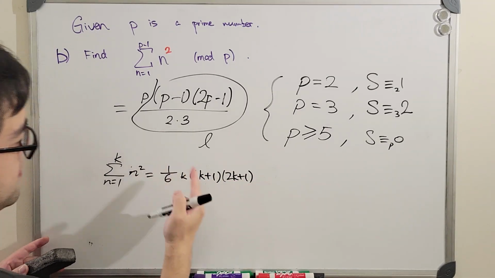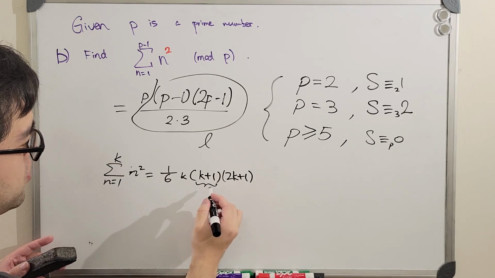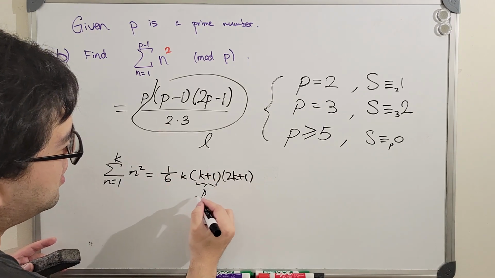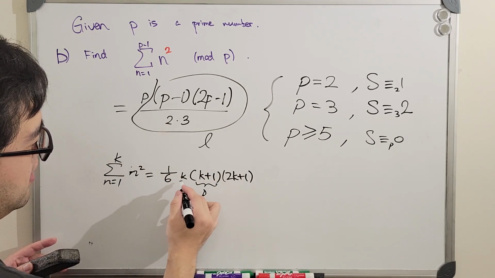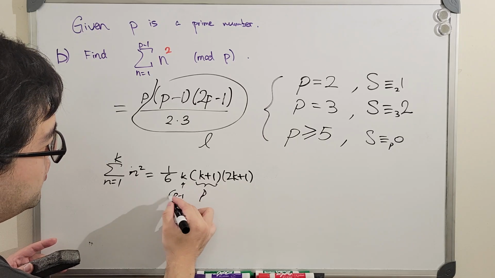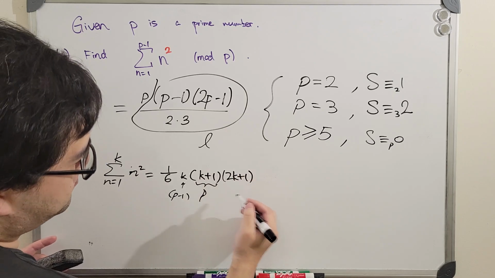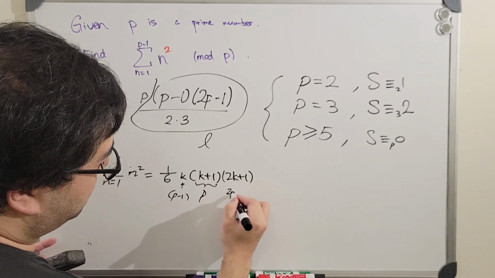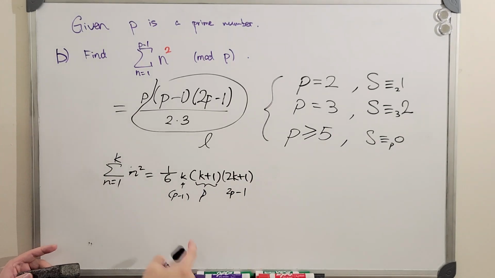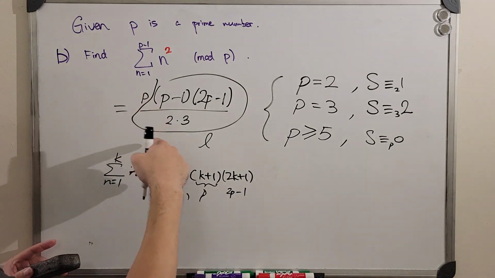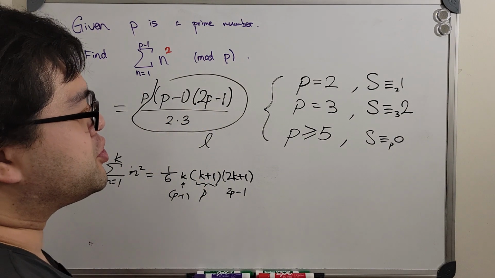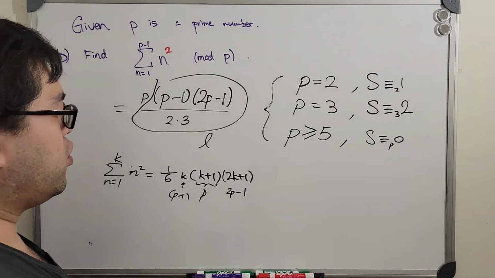But after we substitute, the k plus 1 term will turn into p here, and here we actually get p minus 1 instead, and we have 2 times k, which is p minus 1, so we get 2p minus 2 and then plus 1. But again, we still have the p term to help us cancel out. It's not going to change the overall result.